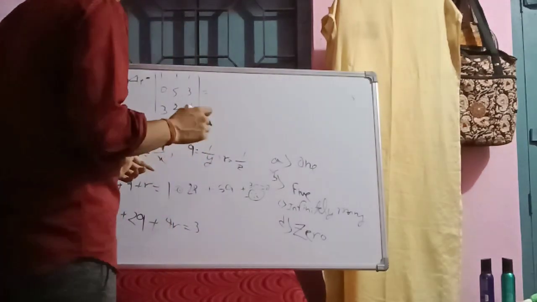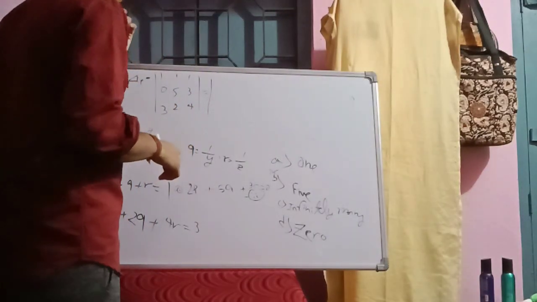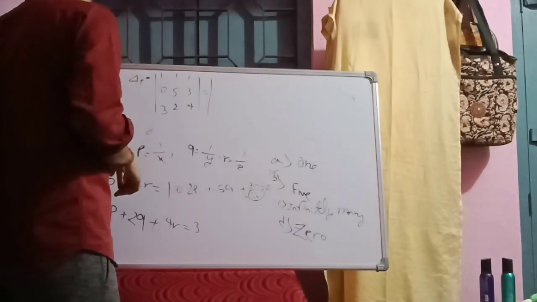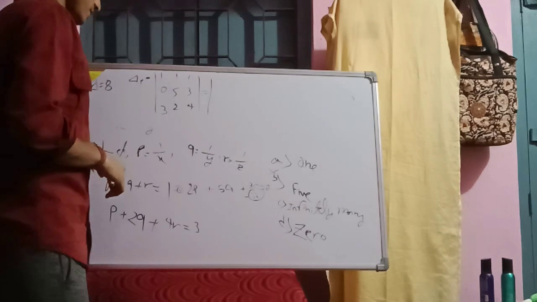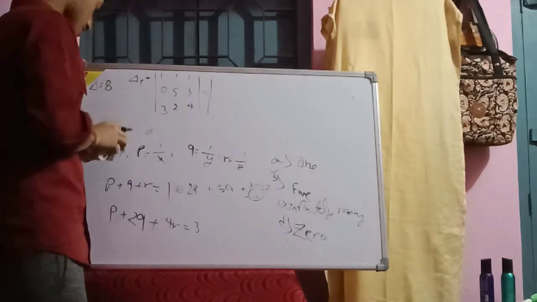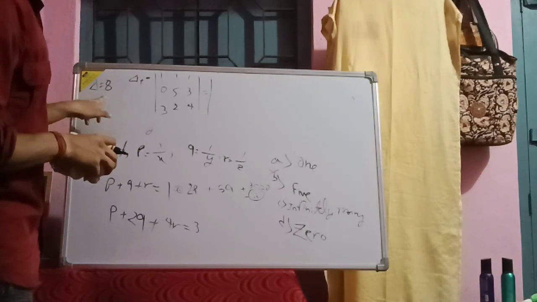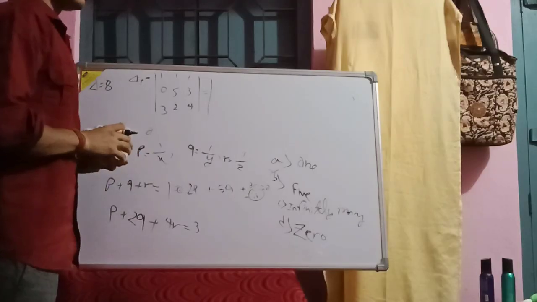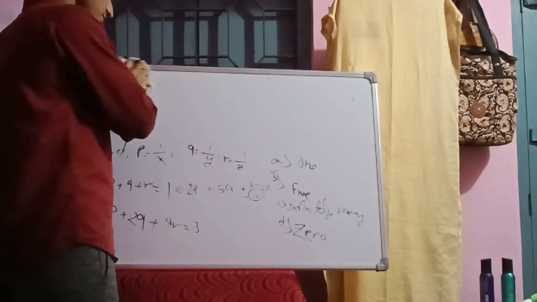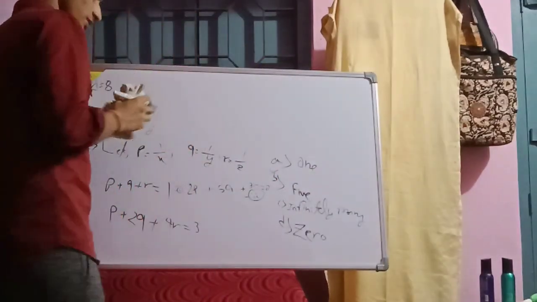We could simplify this again, but I notice that the value of delta here is non-zero. That means the only possibility is that there is only one possible set of solutions, so we will not have to proceed further.